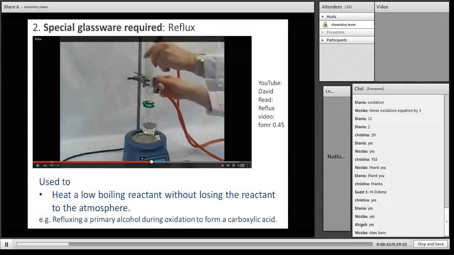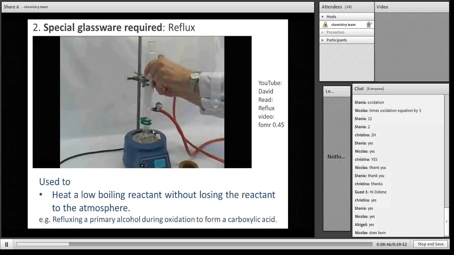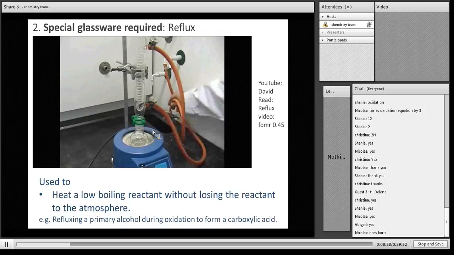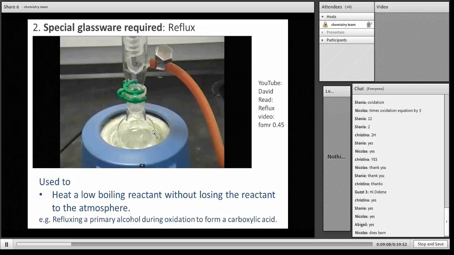So any questions about a distillation setup and a reflux setup? Reflux just simply means something is evaporating and then it's condensing down again. So it's mixing with the reaction mixture again, then it evaporates and then it condenses down again. Distillation is what we use if we want to purify something or remove something from the reaction mixture.